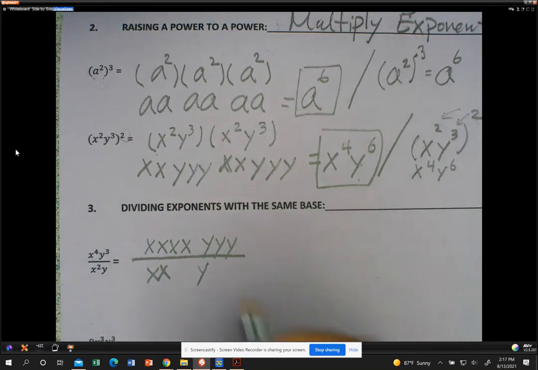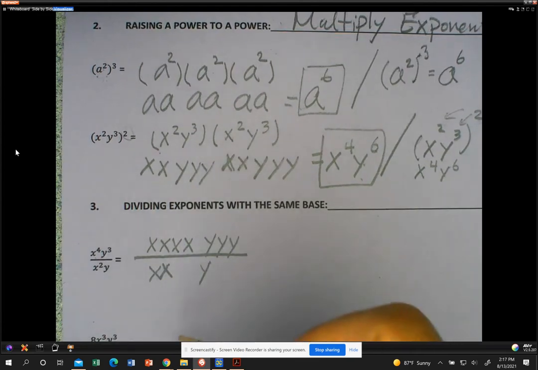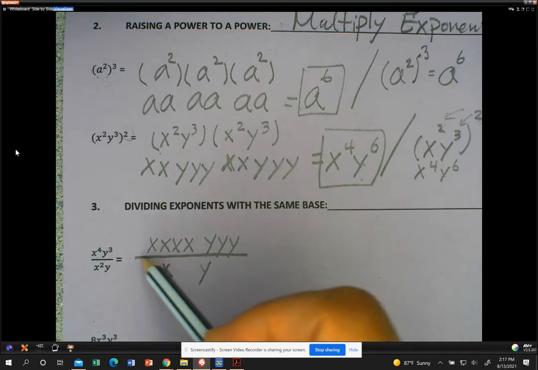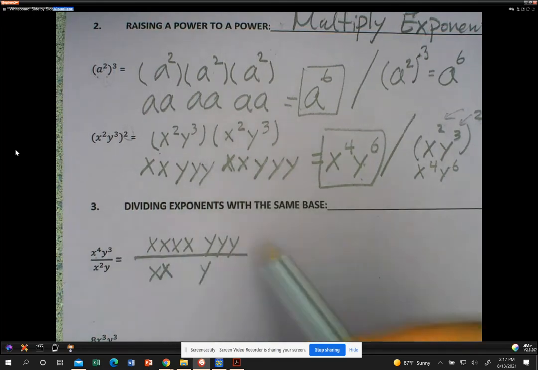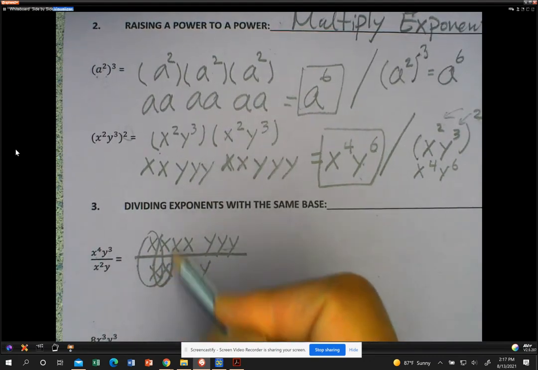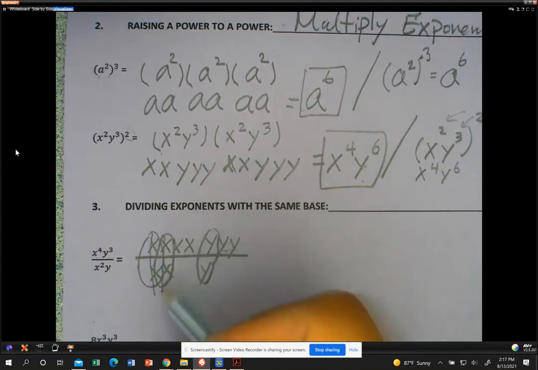You don't have to line them up, but I want to line them up so that you can see which ones I'm canceling. So I expanded all the x's and y's on the top, and the x's and y on the bottom. You see how they're matching like this? So whenever they're matching, you can cancel them.